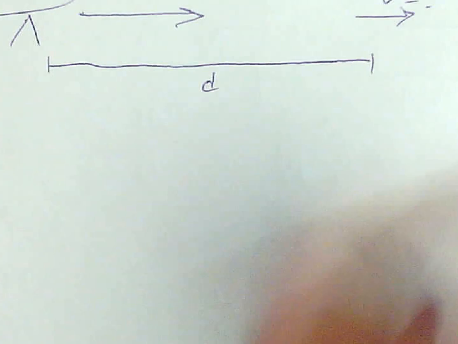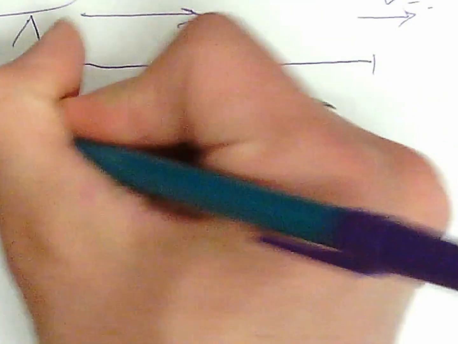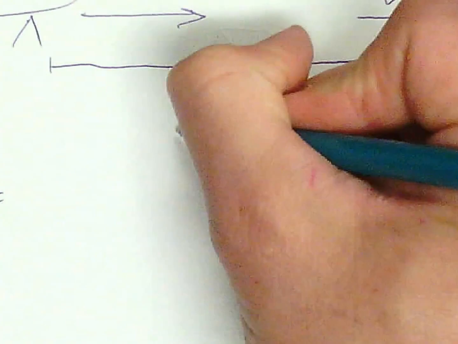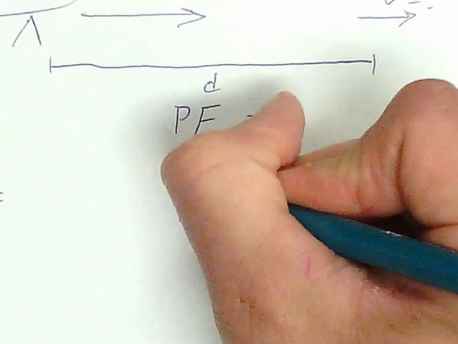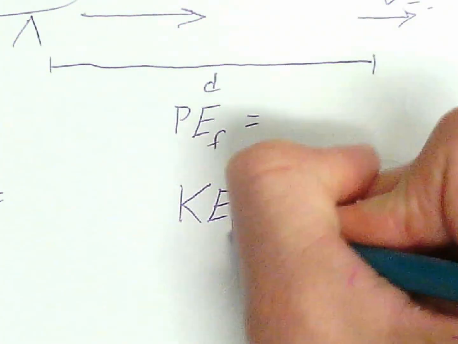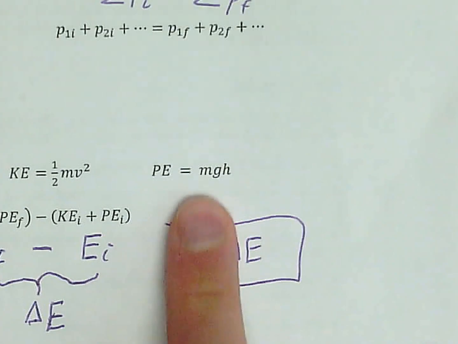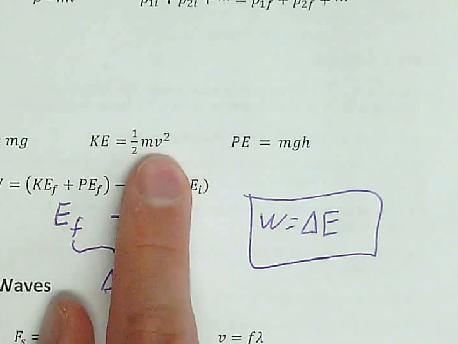So I'm thinking about these 4 types of energy: the potential energy the dog has initially, the kinetic energy initially, the potential energy finally, and the kinetic energy finally. Just as a recap, potential is stored energy, usually because of gravity. Kinetic energy is motion energy based off of the object's velocity.